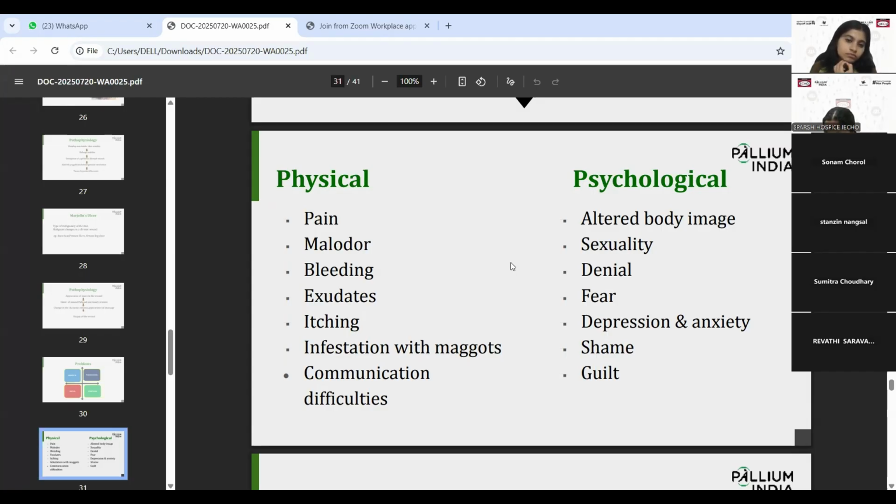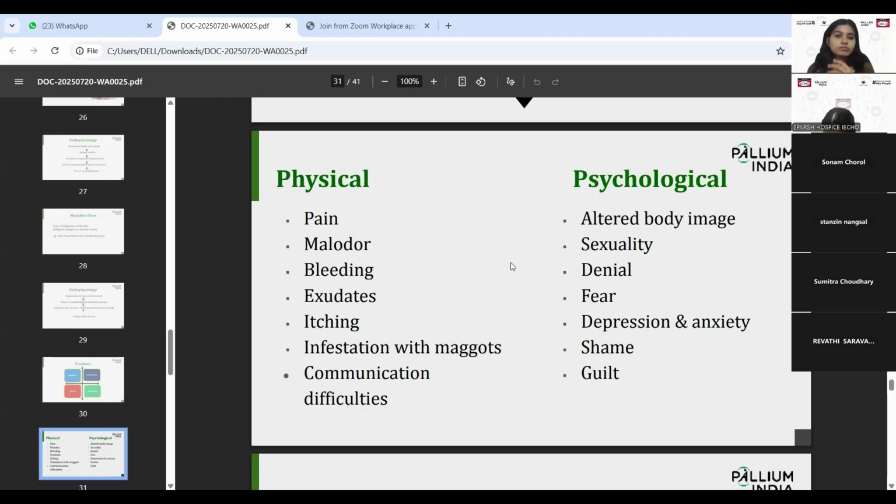Then denial. Many patients face denial from their own family members because of the wound appearance, the smell, the fungating ulcer, because it gives a disturbing image.